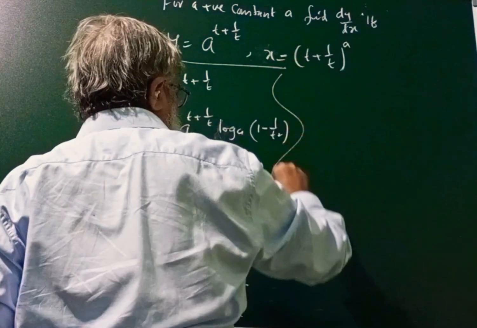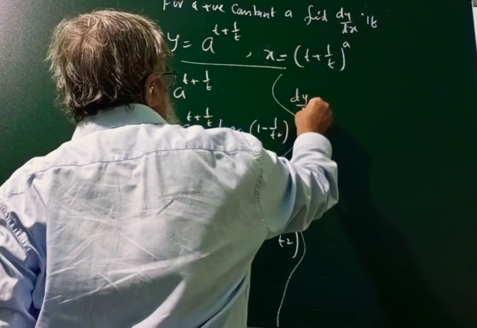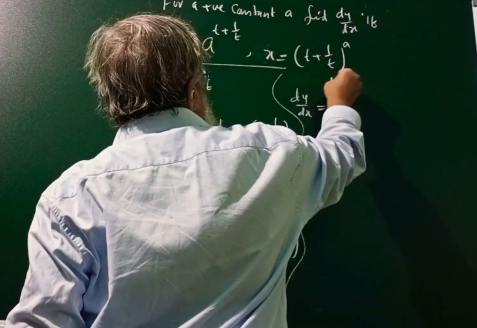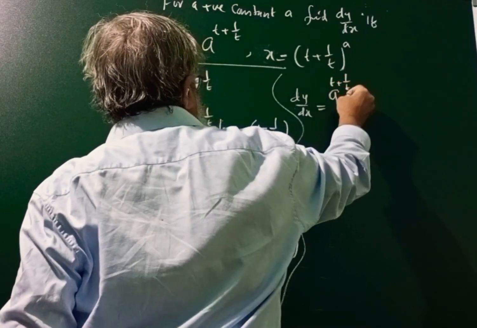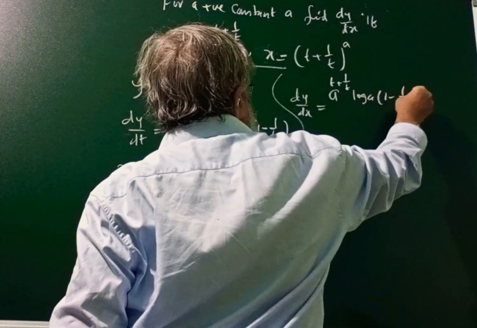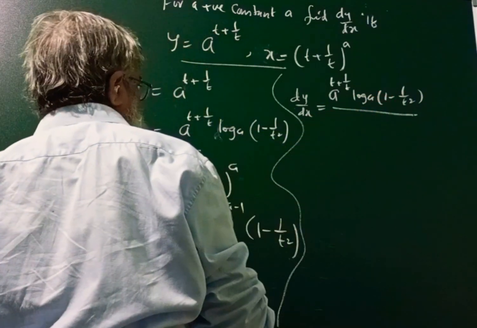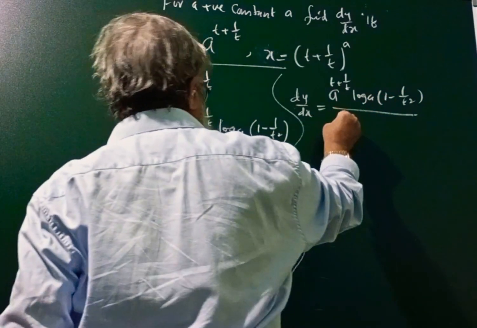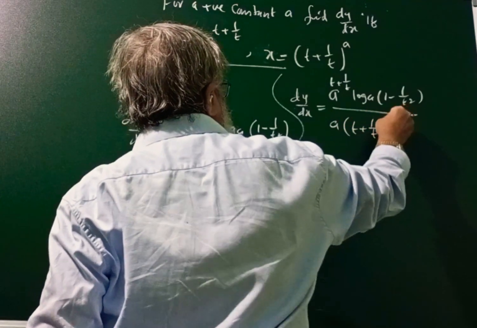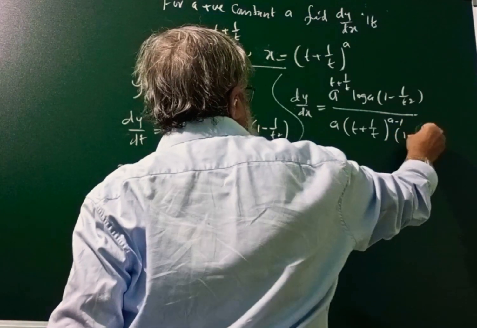So dy by dx is equal to dy by dt, that is a raised to t plus 1 by t log a into 1 minus 1 by t square, whole divided by dx by dt, that is a into t plus 1 by t raised to a minus 1 into 1 minus 1 by t square.